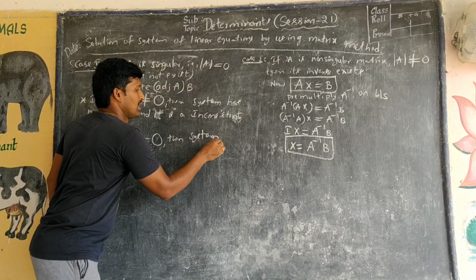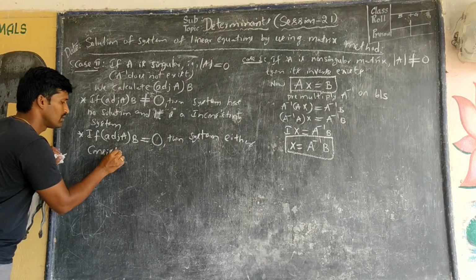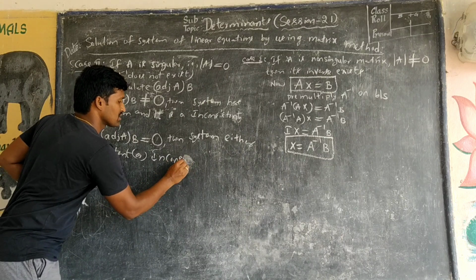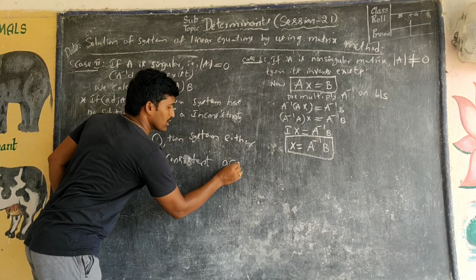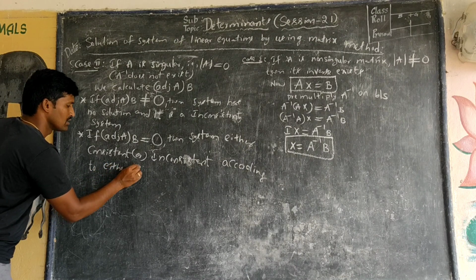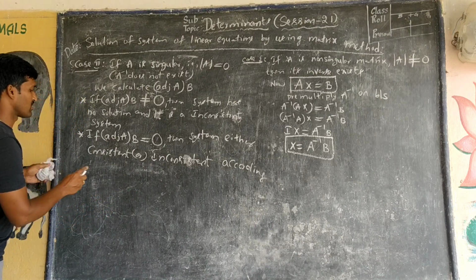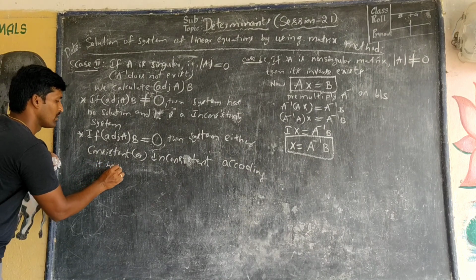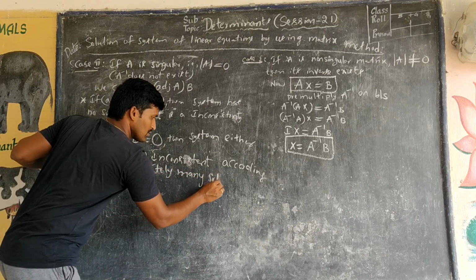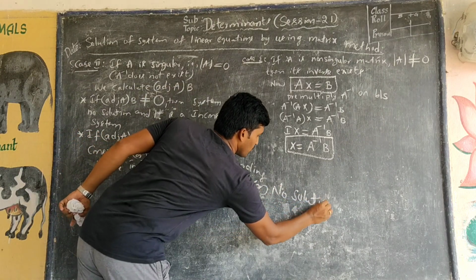Now, if in case adjoint A into B we got a zero matrix, then the system is either consistent or inconsistent, according to whether it has infinitely many solutions or no solution. Here both can be possible.